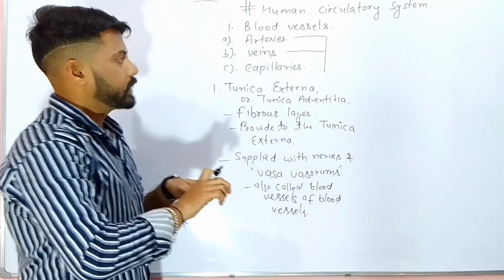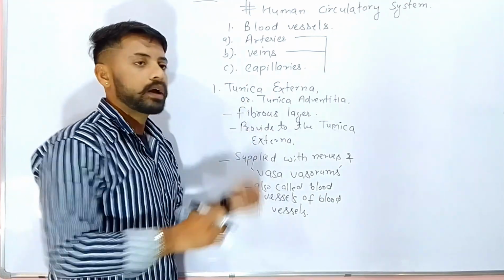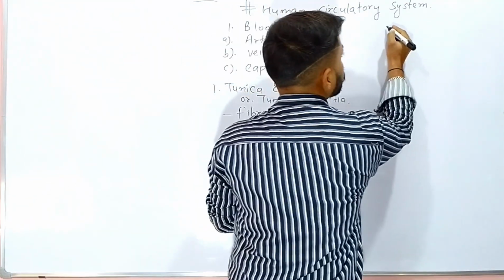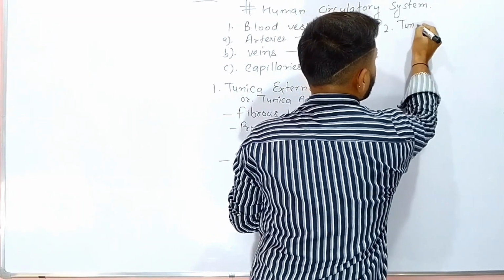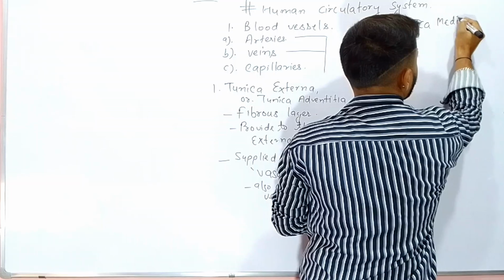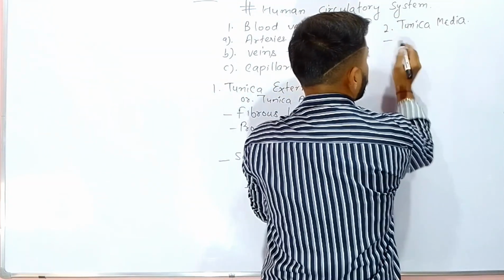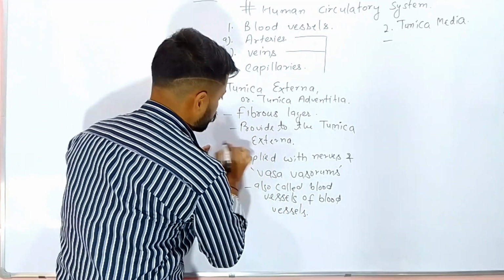Inner to it, the first layer is the tunica externa, and the second layer is the tunica media. As the name tells us, it is the middle layer, and tunica externa is the outermost layer.